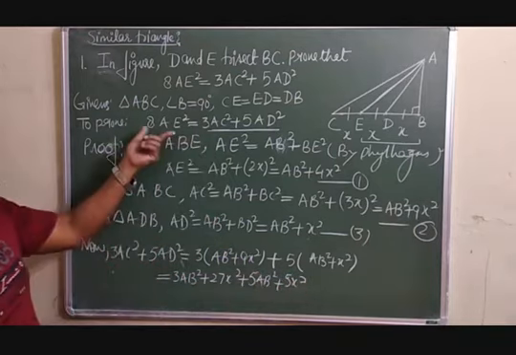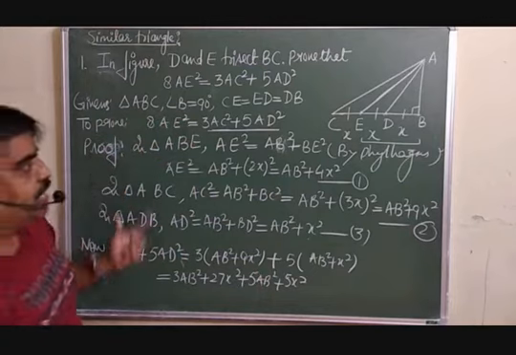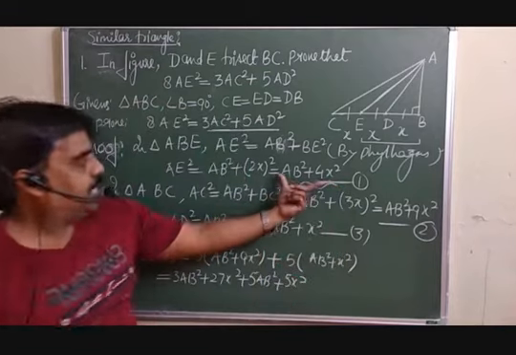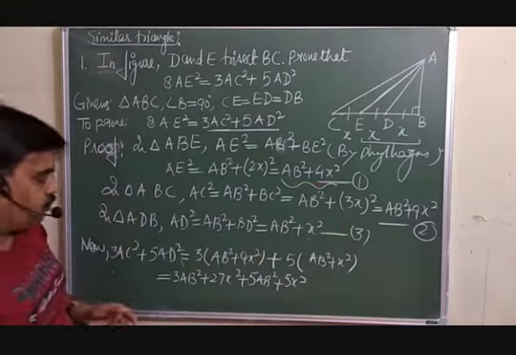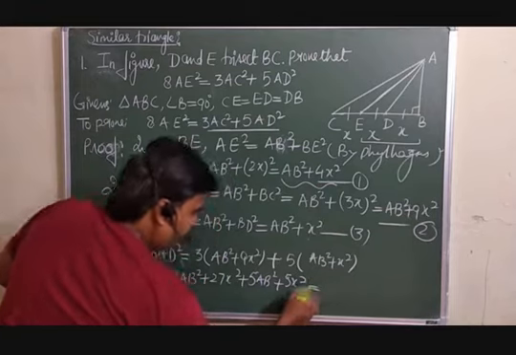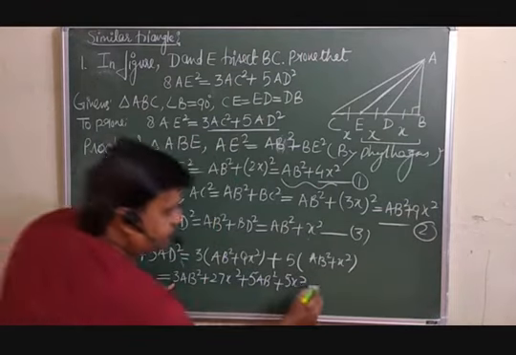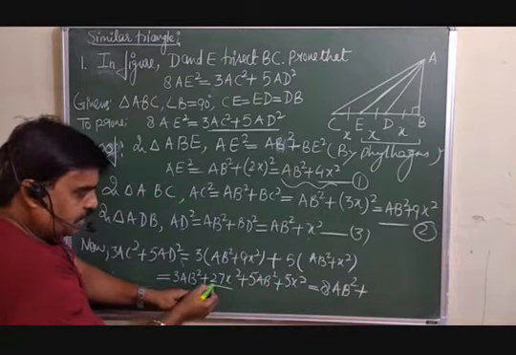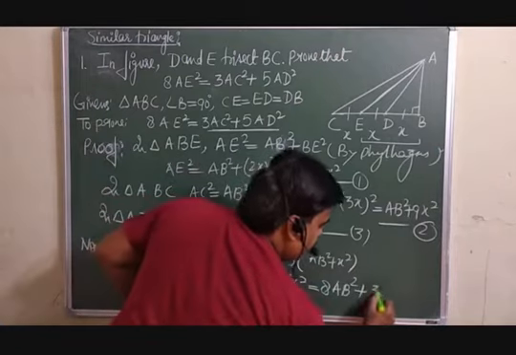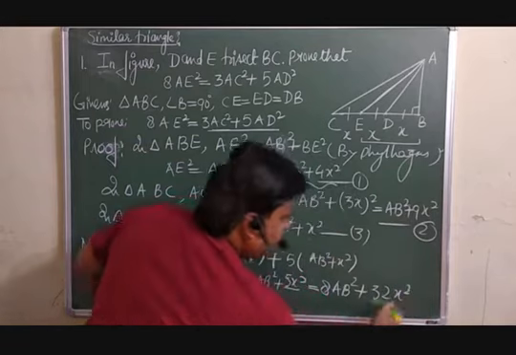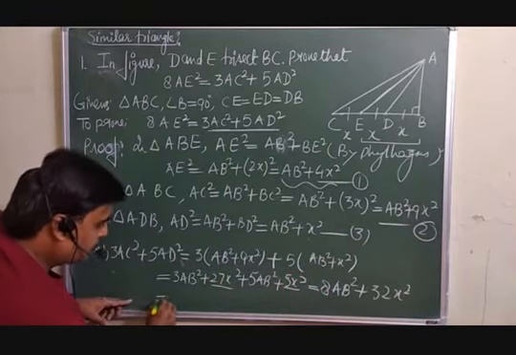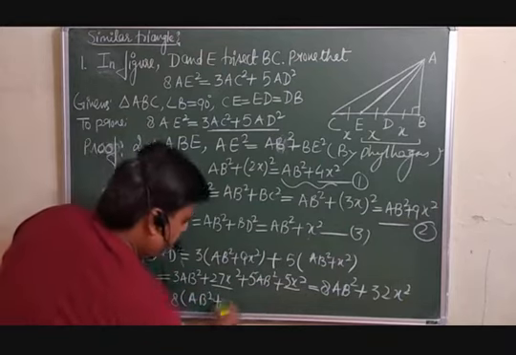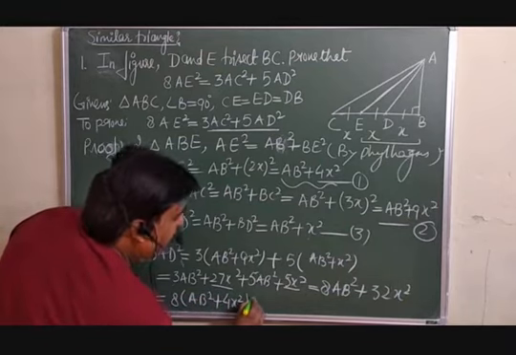Keep your eyes here. Now you want 8 times AE square. So this is equal to 3AB and 5AB, that is 8 AB square, plus 27 and 5, that is 32X square. From here you can take 8 common, so 8 times AB square plus 4X square.